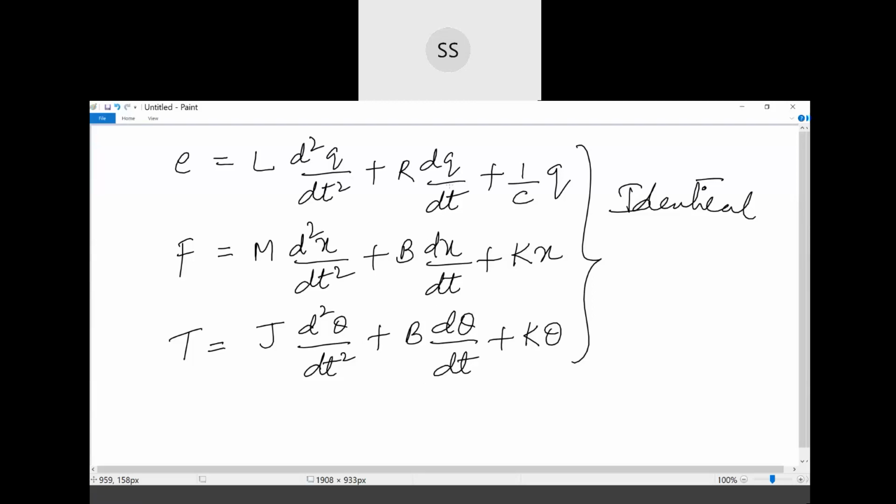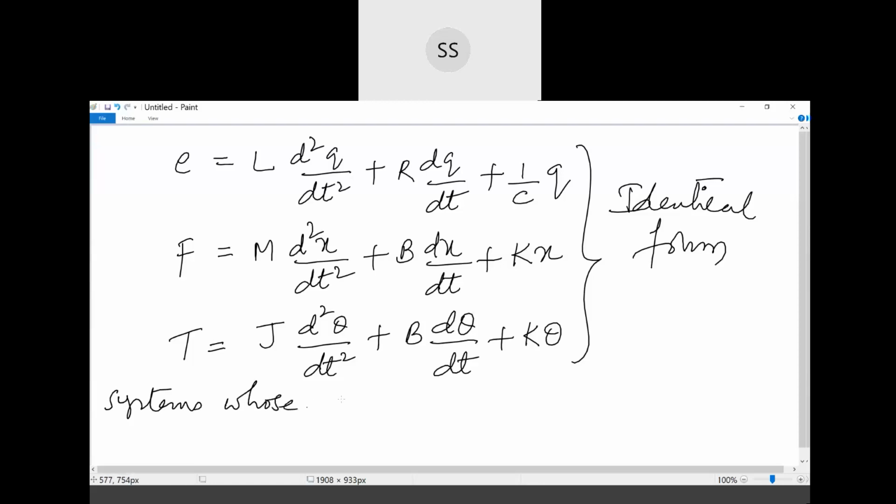So the three equations are of identical form. Such systems whose differential equations are of identical form are known as analogous systems. What are analogous systems?